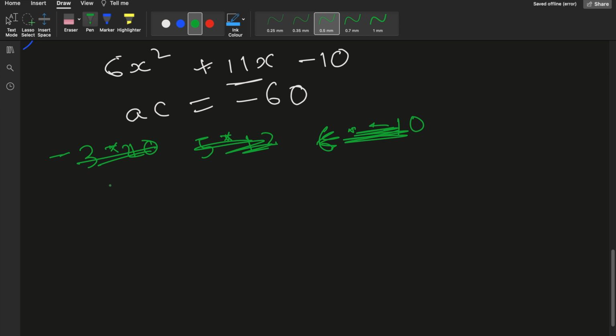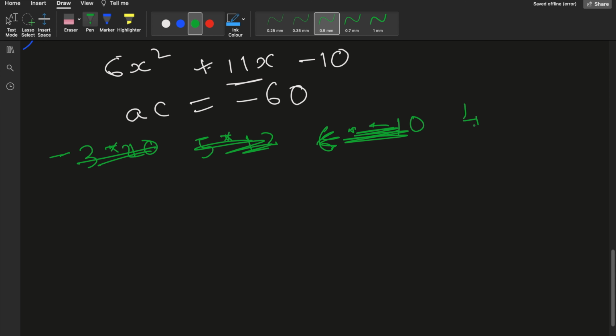60 divided by 2 is 30. Maybe 4. Yeah, 4 and 15 would work. So we'd write minus 4, 15. If we multiply these two, we get AC. We add these two, we get B. So we'd write 6x squared minus 4x plus 15x minus 10.